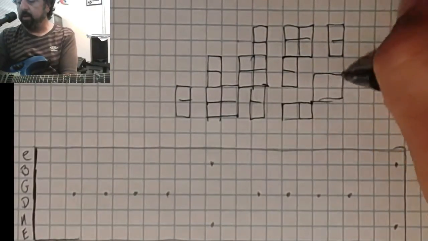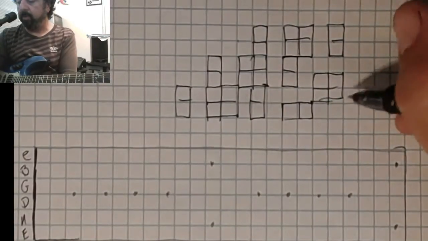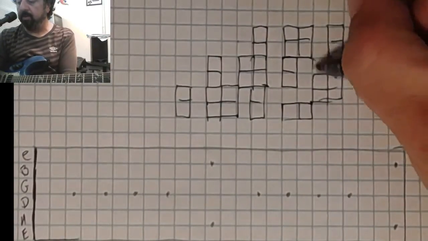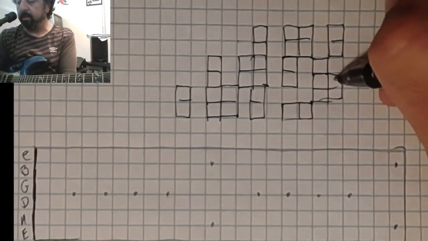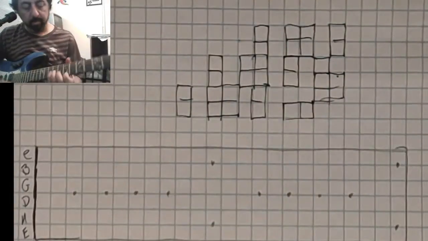And so here is where the chord I was talking about came from. Start here, add in this note that does exist in the scale, that one and that one.